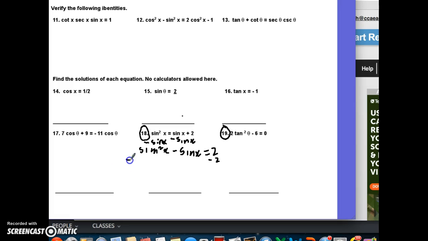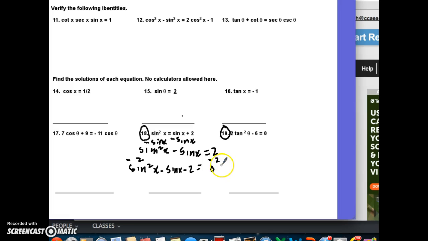We're going to bring everything to one side. So 2 take away 2 gives us 0. So here we have sine squared x minus sine x minus 2 equals 0. And here again, I'd like you to think of this as x squared minus x minus 2 equals 0.